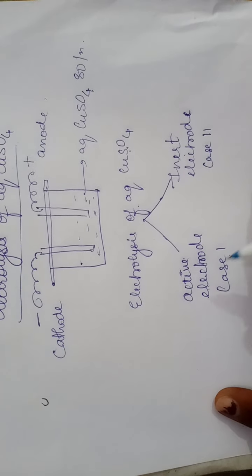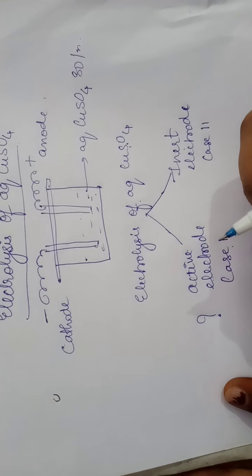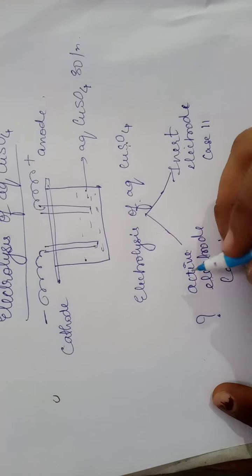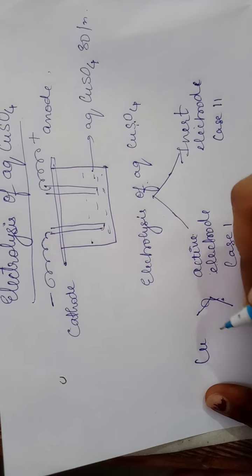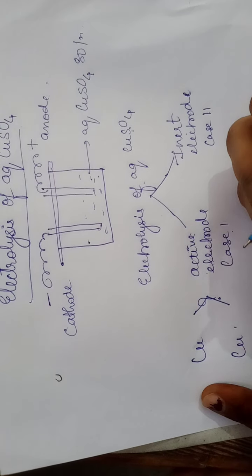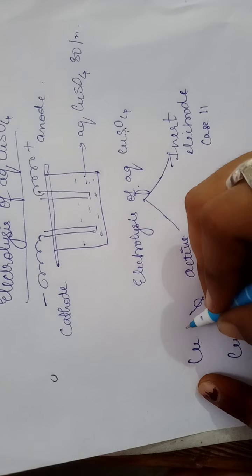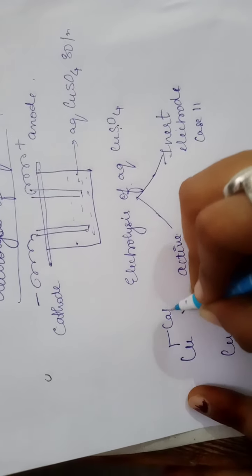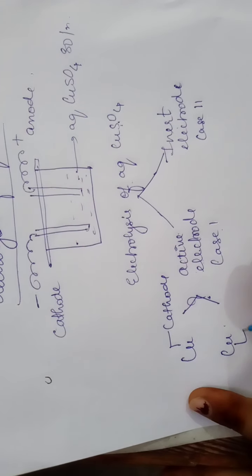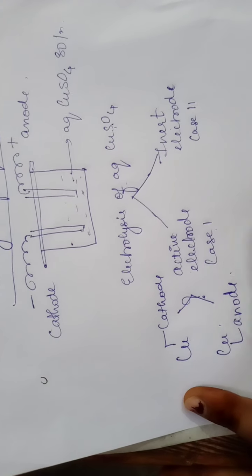Now what type of active electrode will we use here? We will use copper active electrode. Okay, copper as cathode and copper as anode. Are you getting?